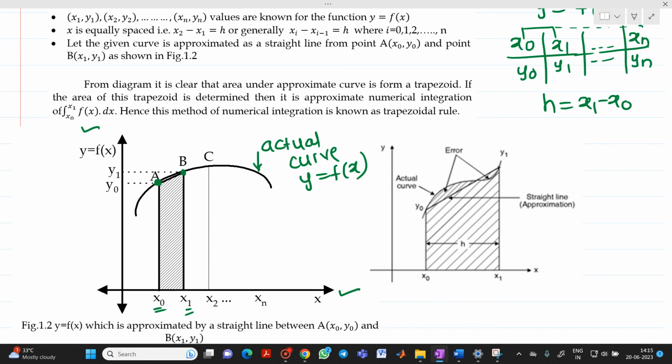From the diagram, it is observed that the area under the approximate curve forms a trapezoid. If the area of this trapezoid is determined, then it is the approximate numerical integration from x0 to x1. So this will be a trapezoid, and therefore this method is called the trapezoidal rule.